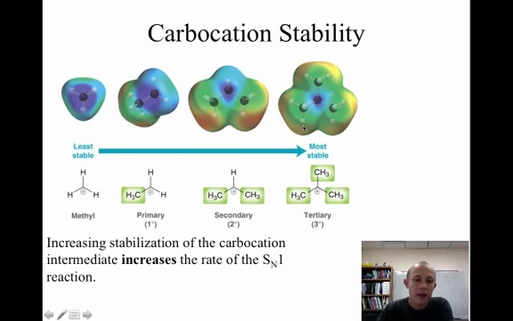Well, keep in mind that what's happening here is that we're generating a tertiary, secondary, primary, or methyl carbocation in the rate determining step. So the more that we increase the substitution of the electrophile, the more stable that carbocation that is generated, right?